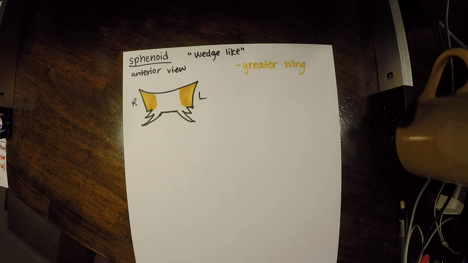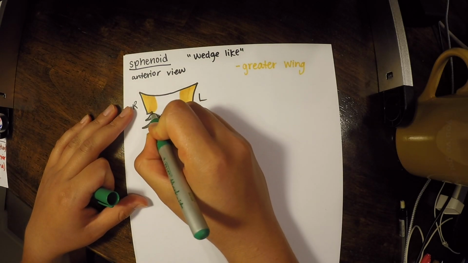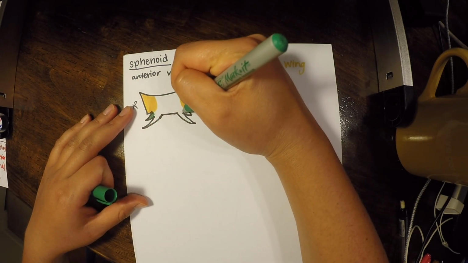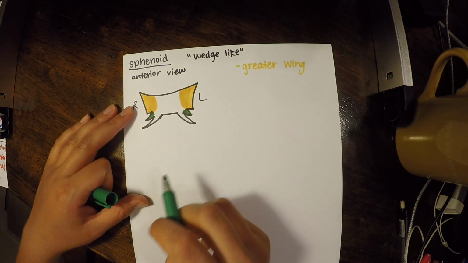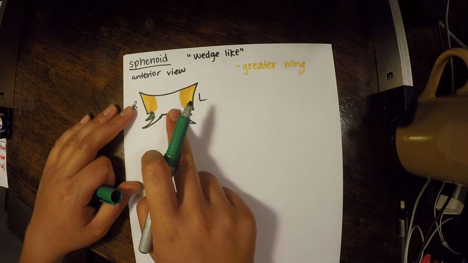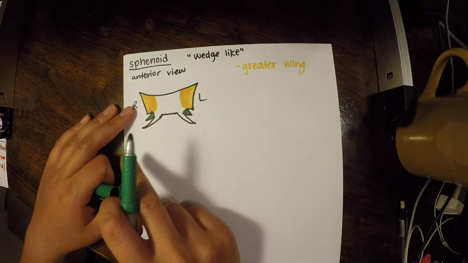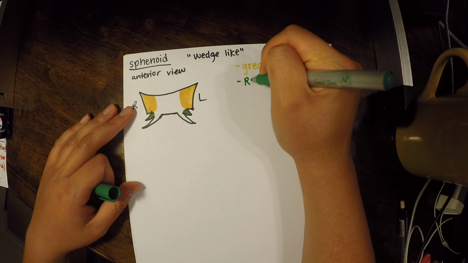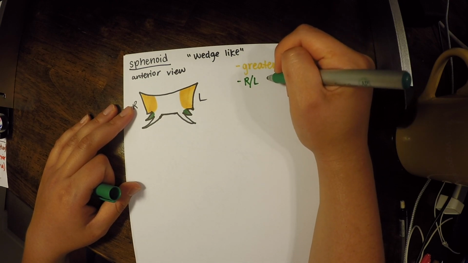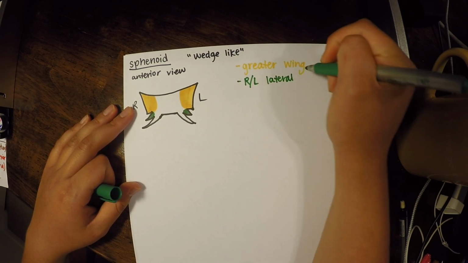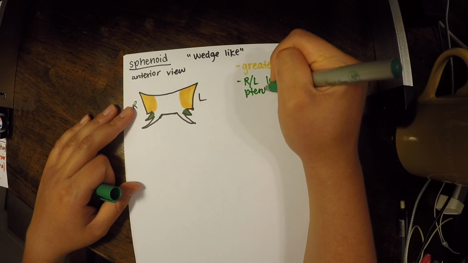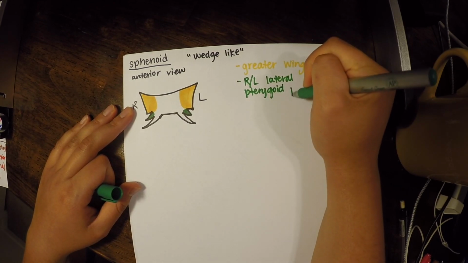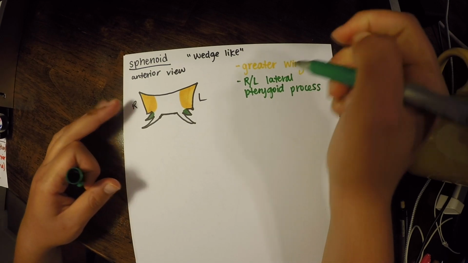Then we're going to have something that we'll call lateral pterygoid processes. So we're going to have a right and a left. And remember, medial is more towards midline. Lateral is away from midline. So that's why these are lateral and these are medial. So right and left lateral pterygoid process.